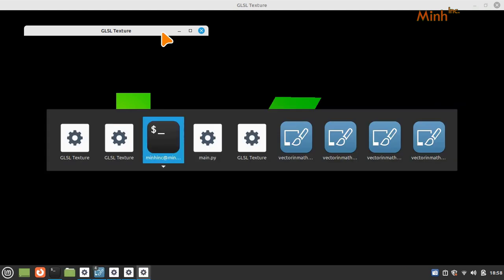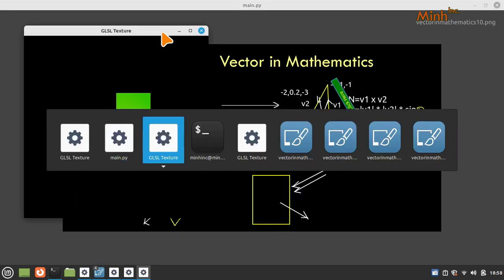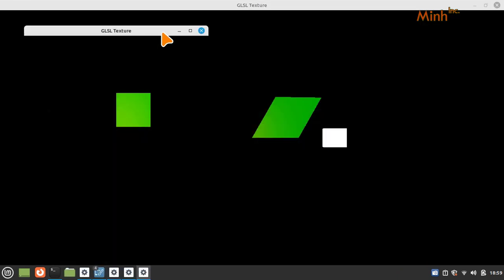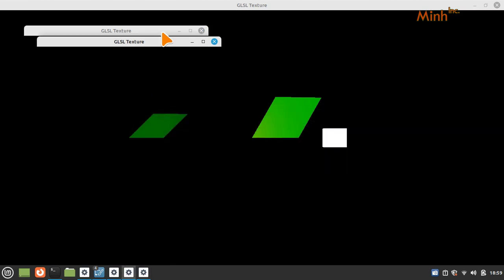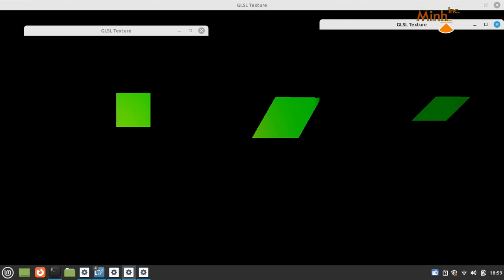So probably we'll shift to sphere. Out of all these three, the maximum brightness is the rectangular one. We can compare. So that is the story of L cross and dot.